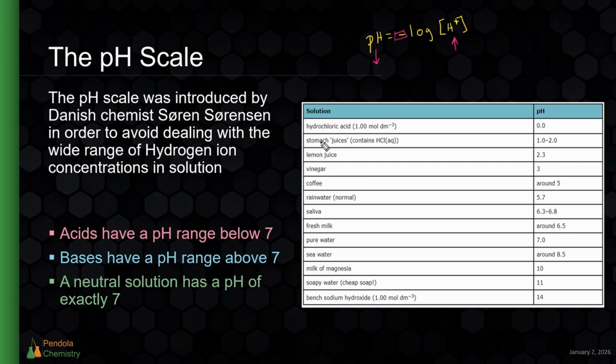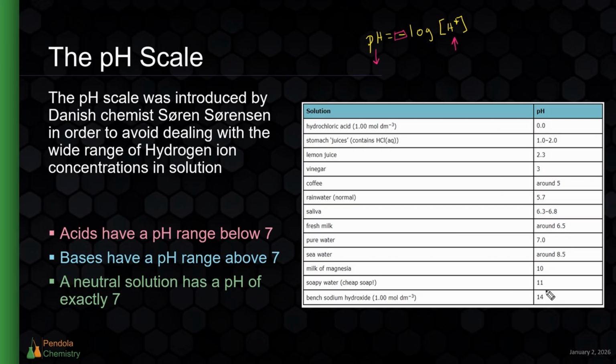Here are the pHs of some common compounds and everyday chemicals. Hydrochloric acid at 1 molar concentration has a pH of 0. It has a really high hydrogen ion concentration, which gives it a really low pH. Things like lemon juice and vinegar, which we know to be acidic, have pHs of 2.3 and 3.0. Coffee, rainwater, which might come as a surprise to you, and saliva are all acidic, with a pH lower than 7.